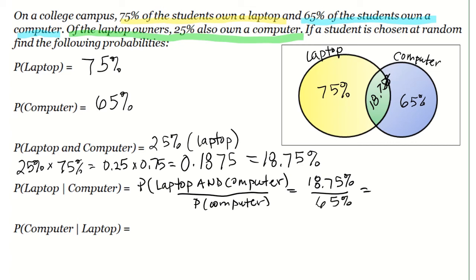I'm going to change those to decimals so I can do the math. And that is going to give me 0.2885. So that means I have a 28.85% probability that if a student owns a computer, then they will also own a laptop.